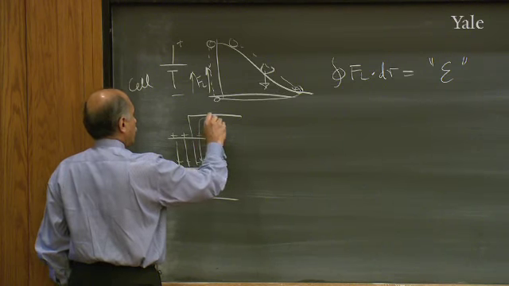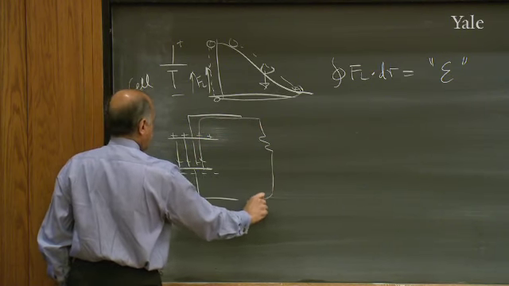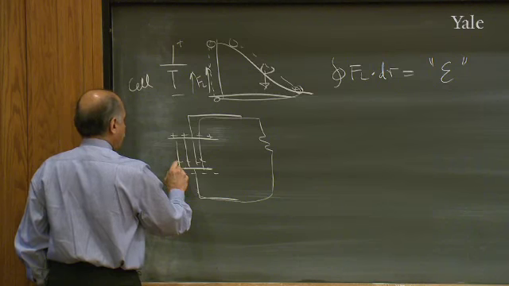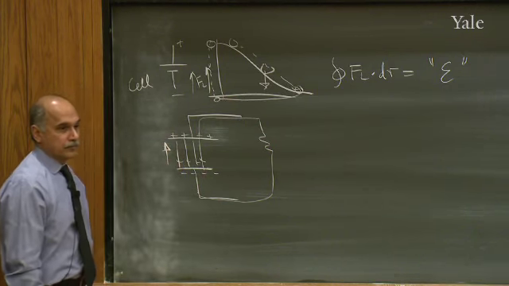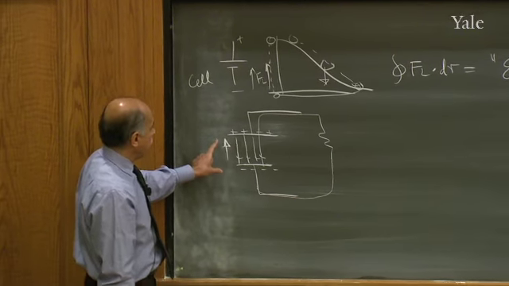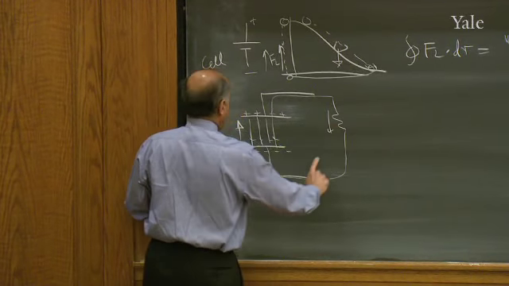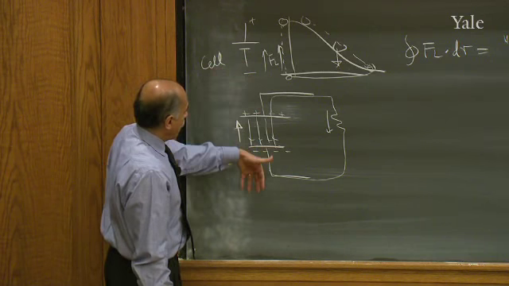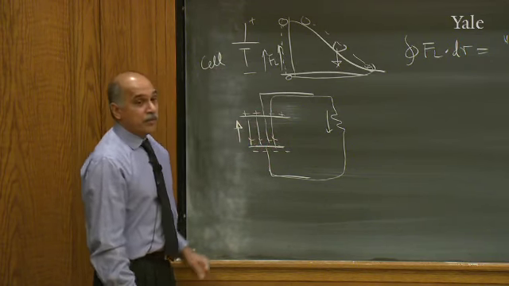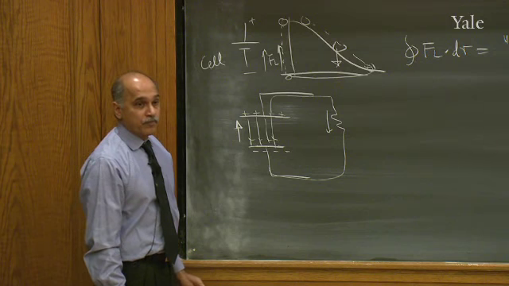So when a current flows, it goes like that, goes through a resistor, comes down, but the current, you realize, has to flow up here. Inside the cell, if the current flows this way, the current has to go like this. The electric field is actually pointing down between the plates. That's not what makes it move.